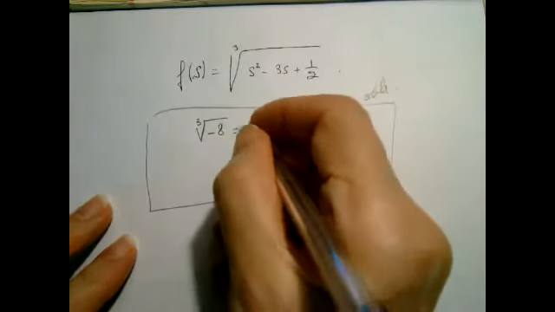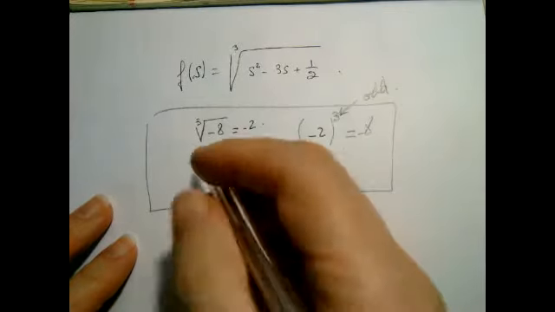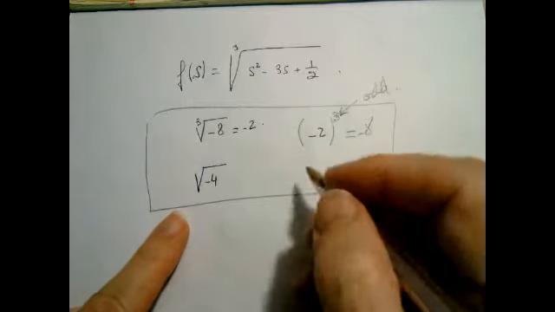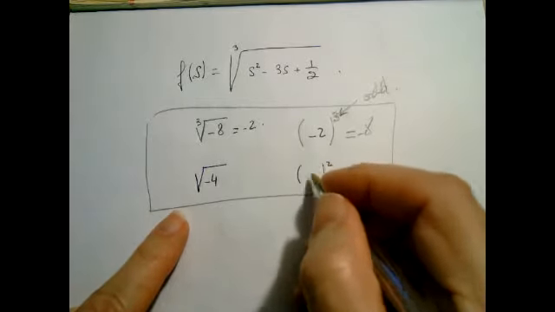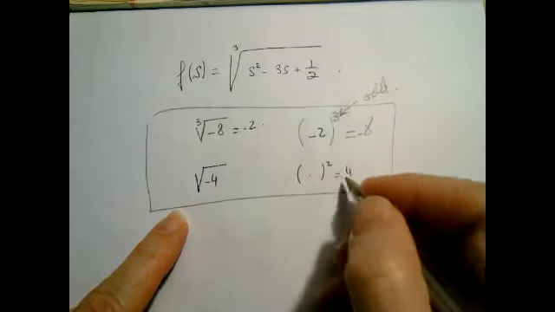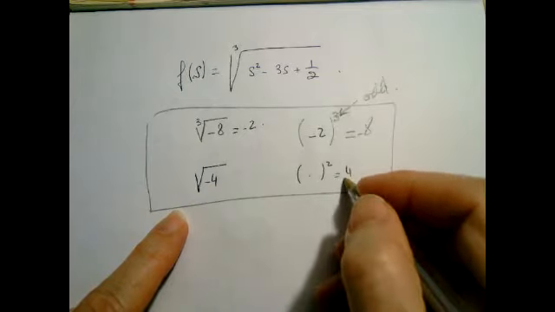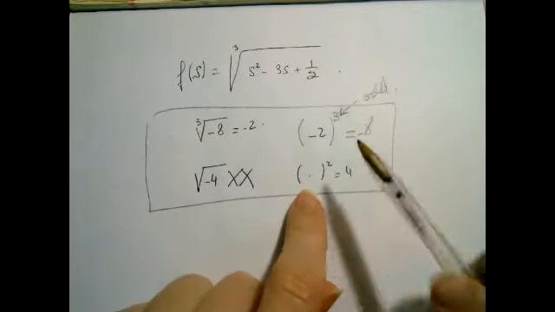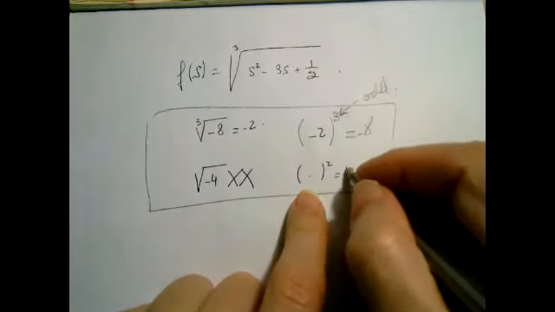So it's well defined. Now, why does the square root of -4 not make sense? Because whenever you take a number and you square it, it has to be positive. So this is absolute nonsense, because you're asking which number you square to get -4.